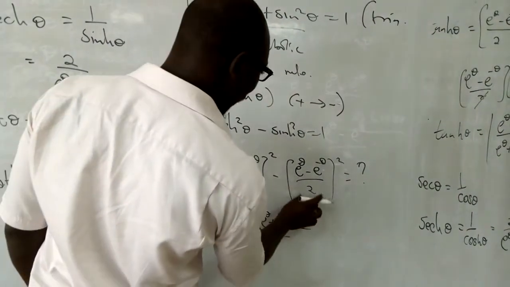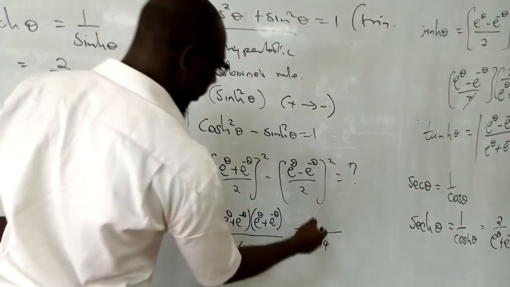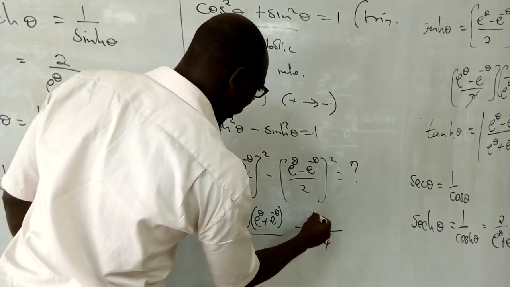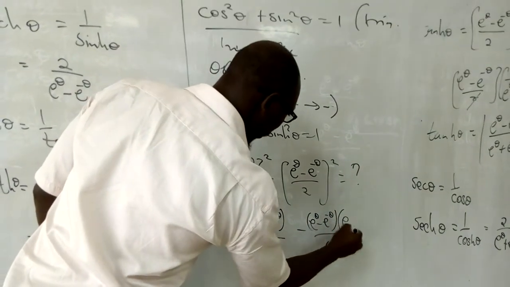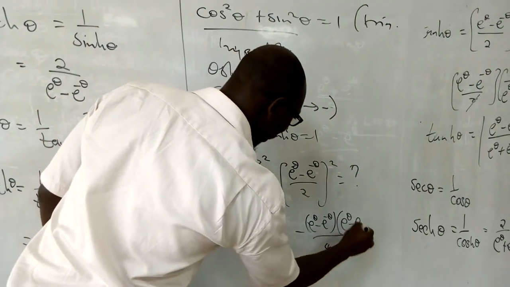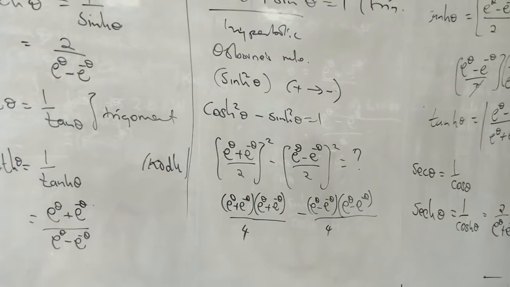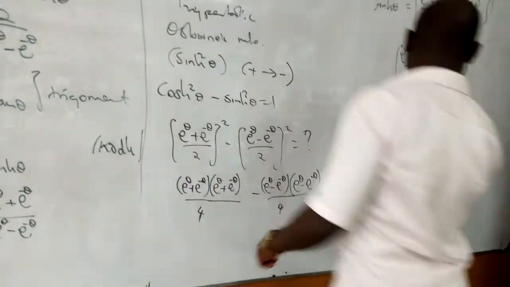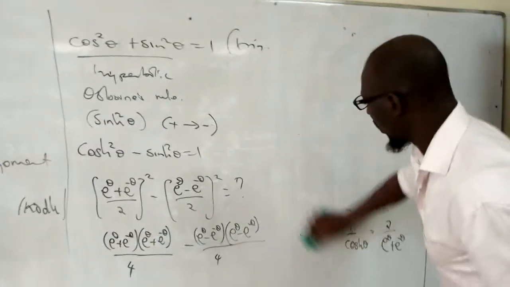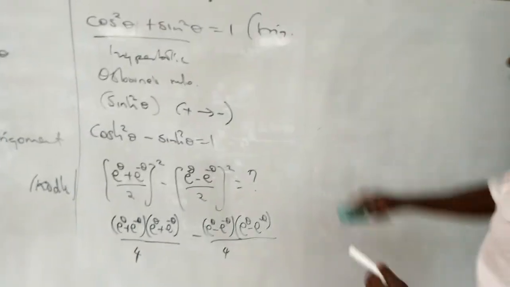Everything minus this side, also 2 squared is 4. Then this side also squared: exponential of theta minus exponential of negative theta multiplied by the same thing, exponential of theta minus exponential of negative theta. So let's expand that bracket and see the output, if it's really going to prove Osborn's rule right.